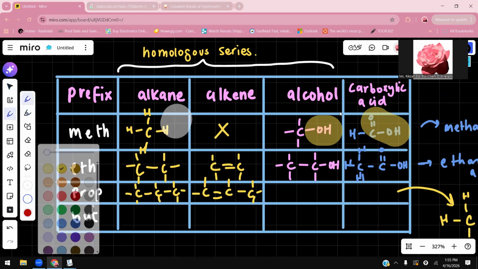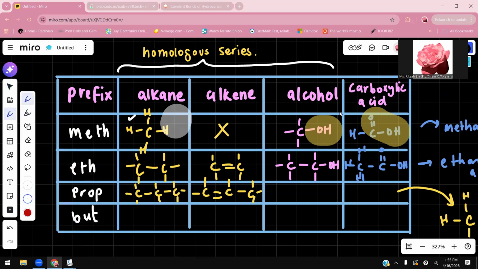All the alkanes I have, all of them have carbon to carbon single bonds, butane, pentane, so on and so forth. All the members of alkenes will contain a double bond. Alcohols, again, methanol, ethanol. The thing that I'm noticing here is that both of these have the OH functional group.